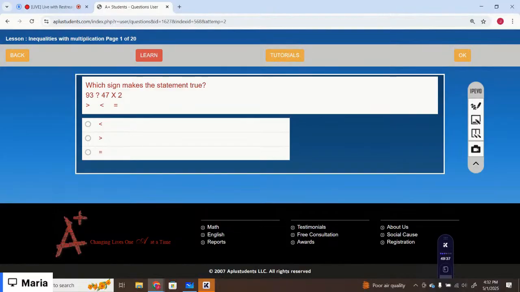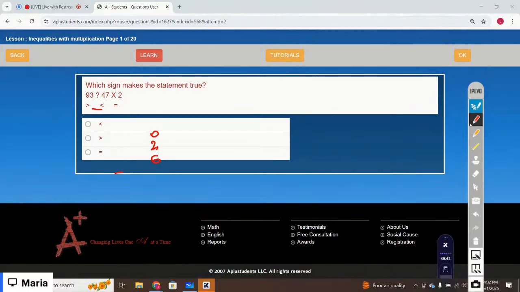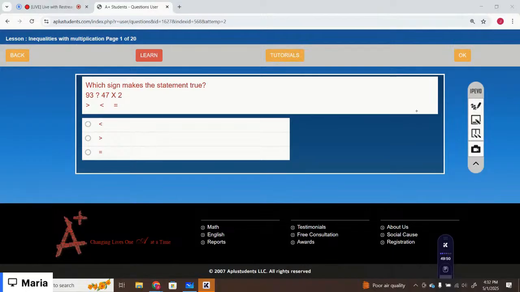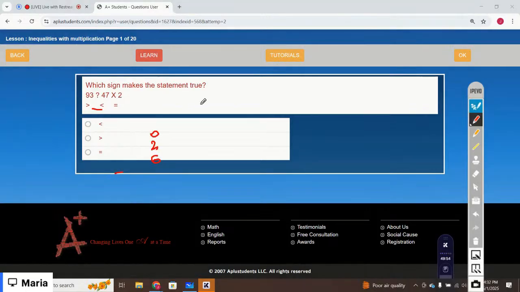Which sign makes the statement true? 93 and 47 times 2. You have to compare it to 47 times 2. So just do 47 times 2. That is, I think, 98. No, 2 times 7 is 14, 94. So 93 is less than 94.